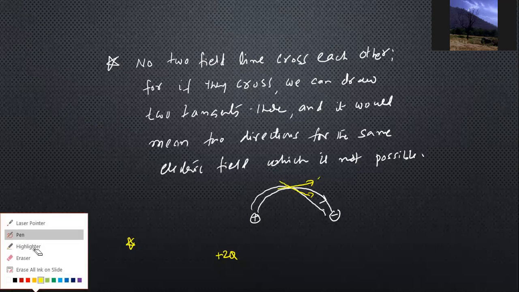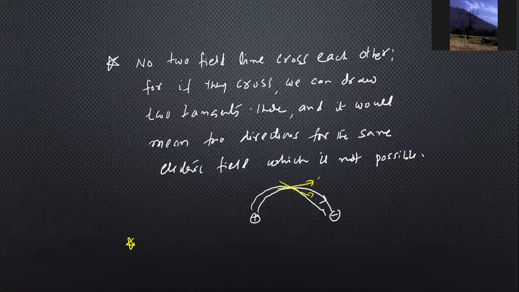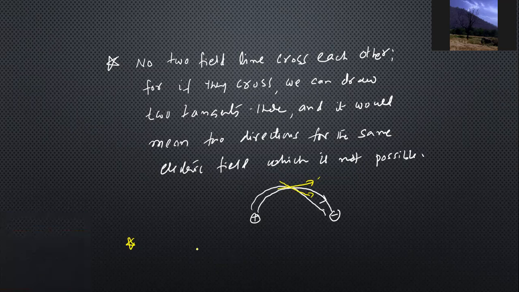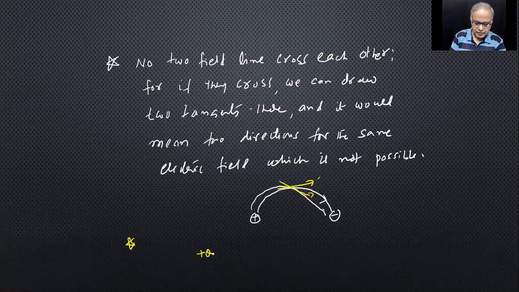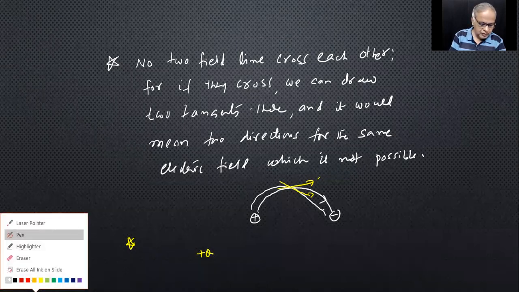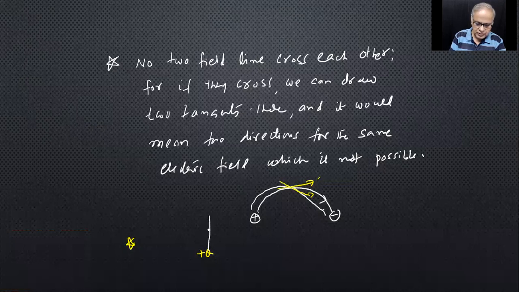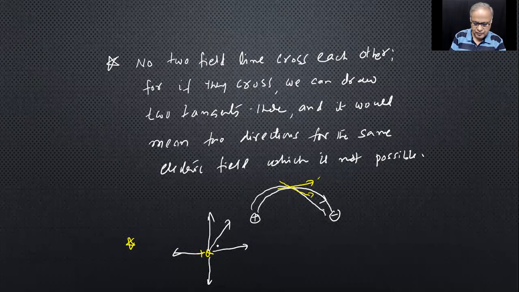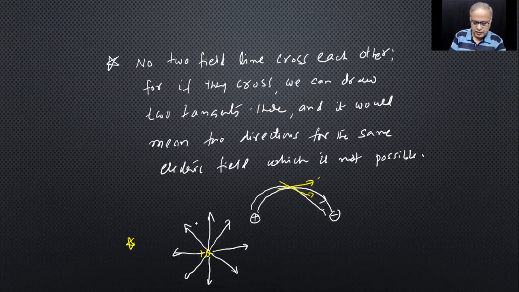Suppose somebody gives that there are one, two, three, 5, 8 field lines here.